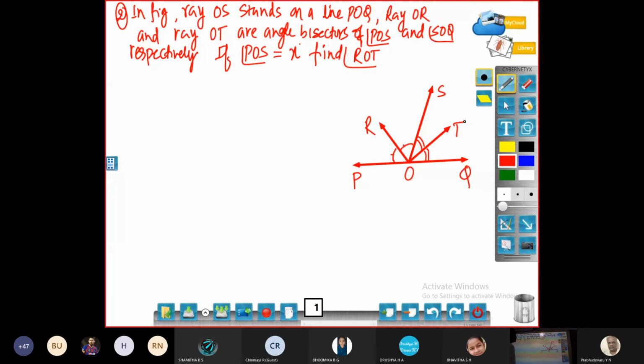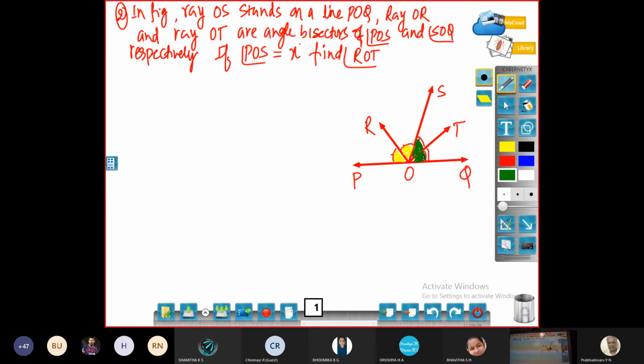Look at the diagram. This angle should be equal to this angle, the yellow color you can see, and then this angle should be equal to this angle, because OR and OT are the bisectors of these angles.